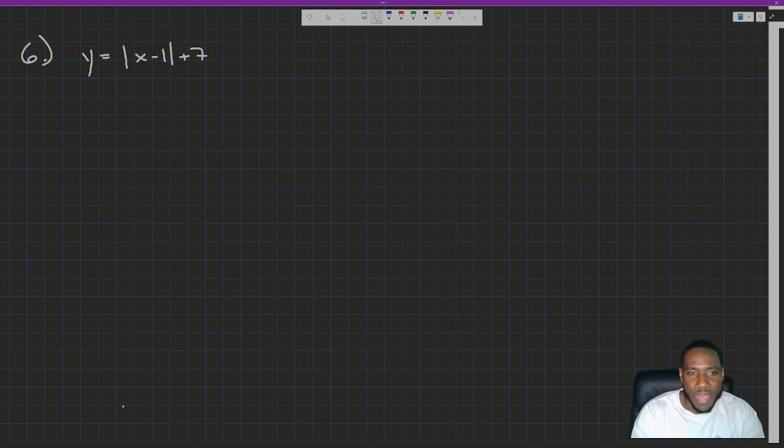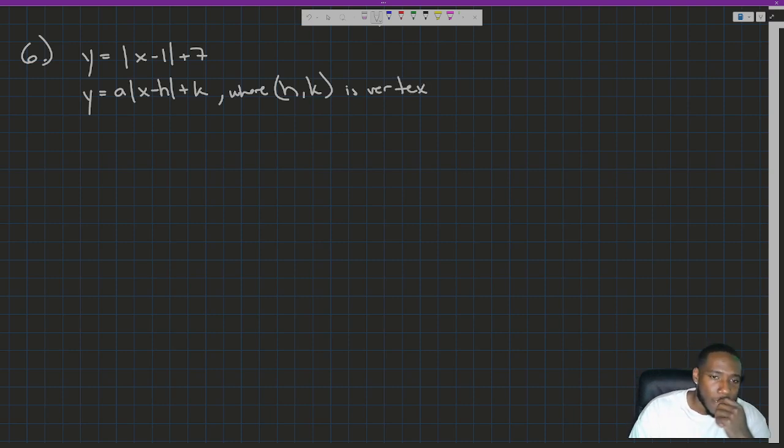We can compare that to the base parent function or standard function for an absolute value, which looks like this. A times the absolute value of x minus h, plus k, right? Where h comma k is the vertex.